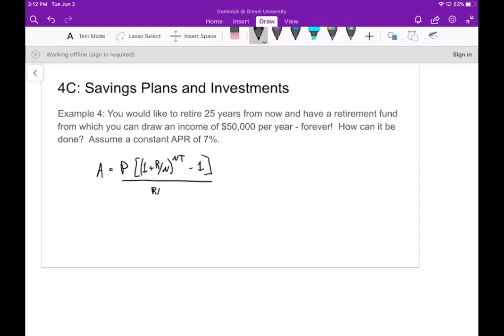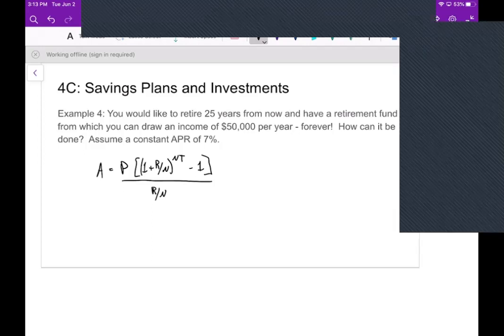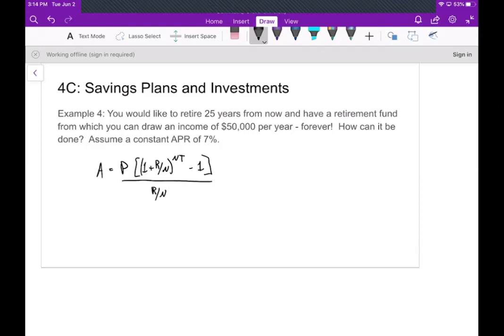And then over R over N. Okay. So we want to know what the deposit should be in order for me to take out $50,000 each time, right? So what we need to do here is we need to have it so that our A is whatever we're starting with, plus 50,000, right?